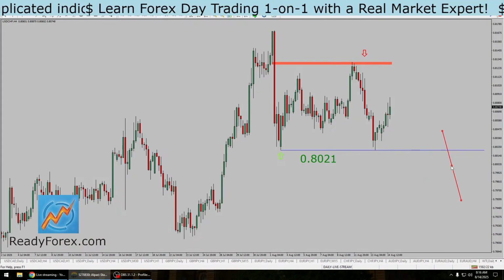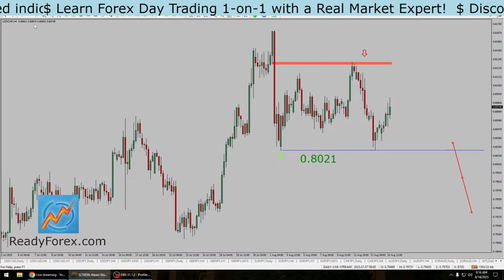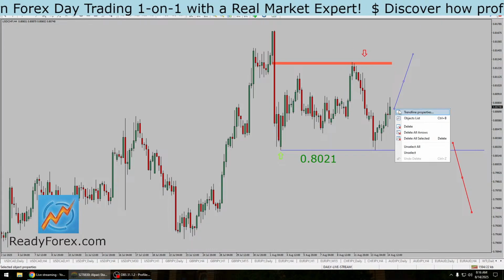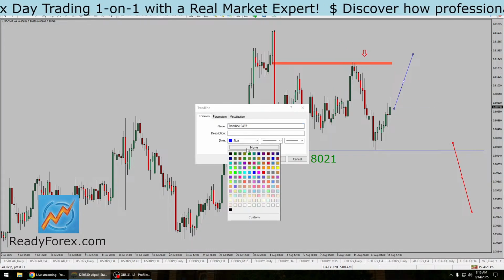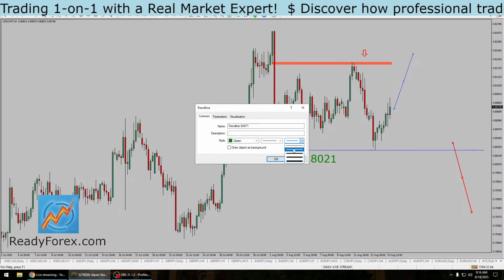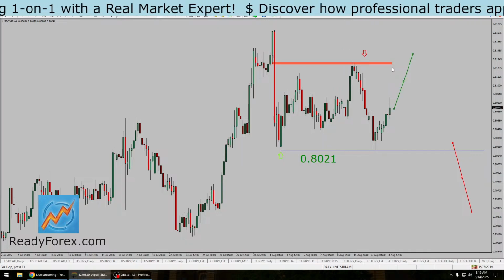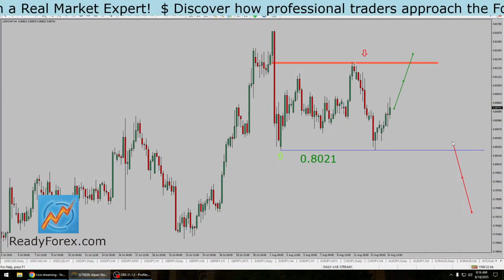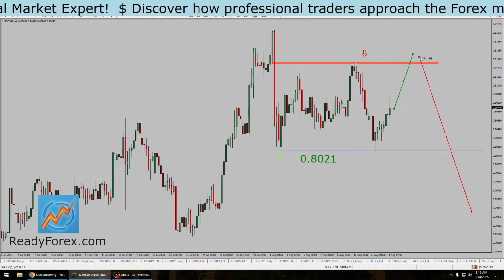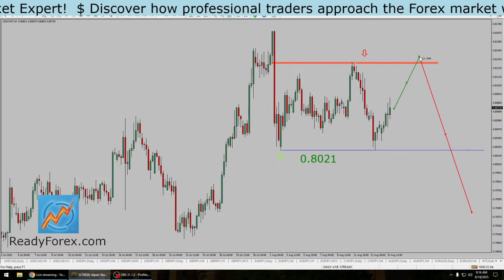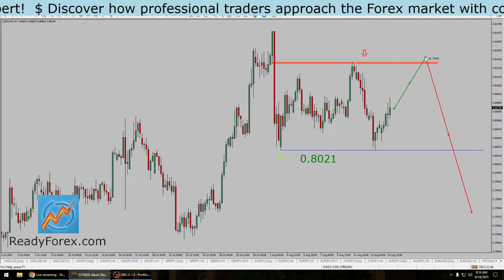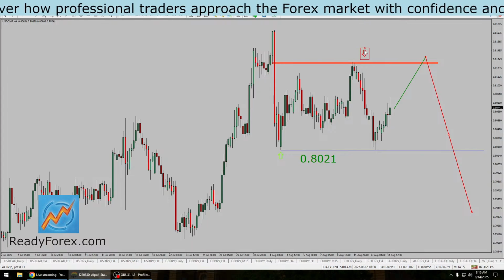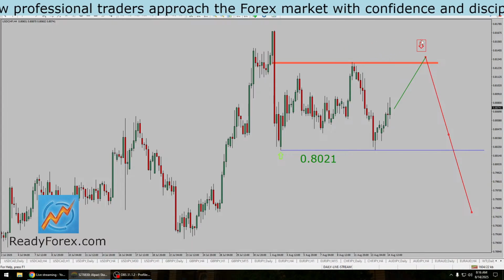Okay, even if the market wants to go down over here, the way I see, we could get a false bullish rally to trap traders, and when everyone starts thinking that it's a buy, right at that time the market could reverse. So this would be a very good pattern, especially if the market shows us a false breakout.